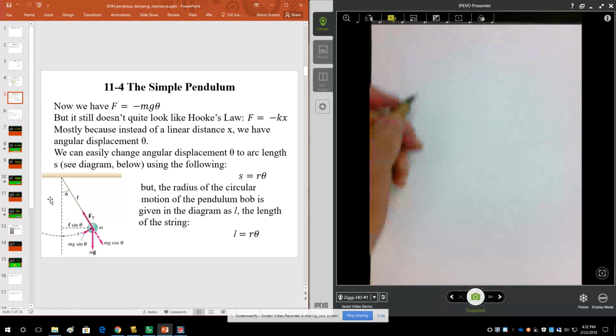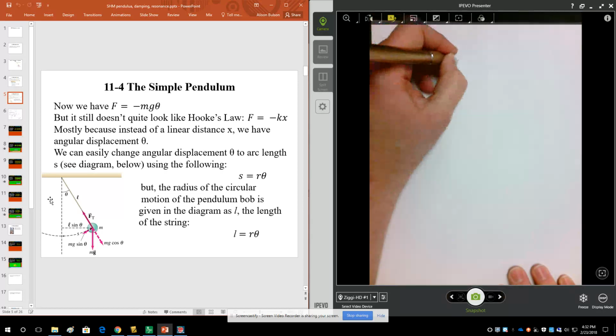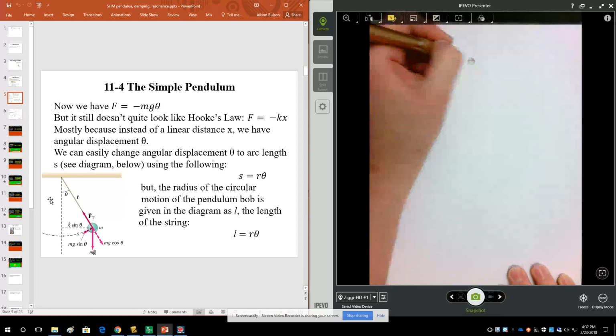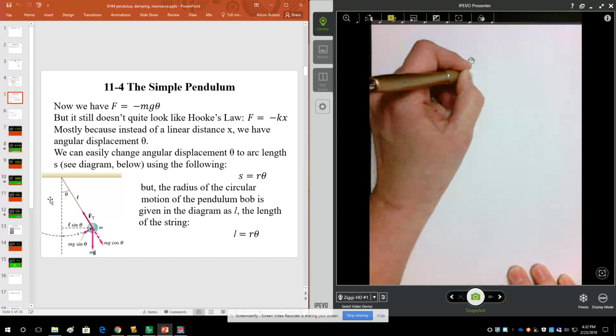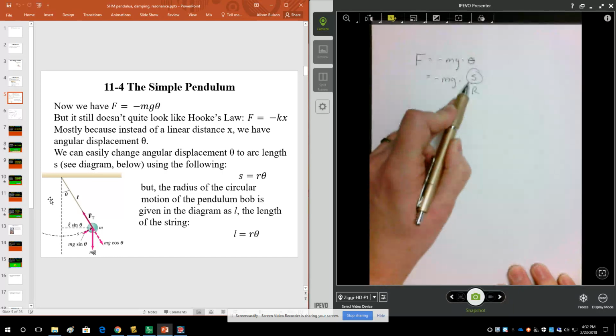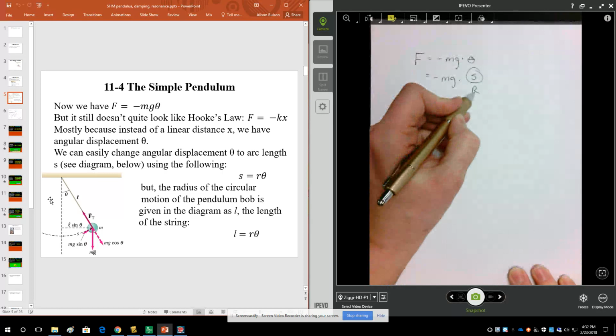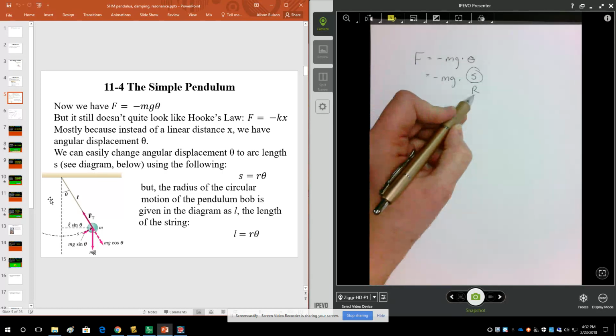So our final substitution is F equals negative mg times theta, but instead of theta, we're going to express it as S over R. S is our position along the arc. R is the radius. Oh, I meant to write that as an L, not as an R. But R is the radius of curvature.